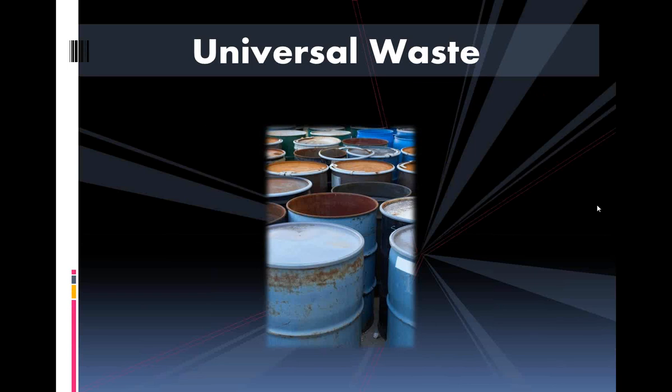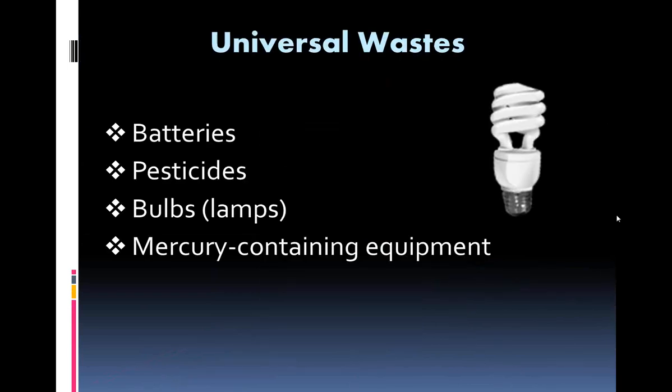First of all, we'll just do a quick overview of what universal waste is. According to the EPA, universal wastes are batteries, pesticides, bulbs or lamps, and mercury-containing equipment.